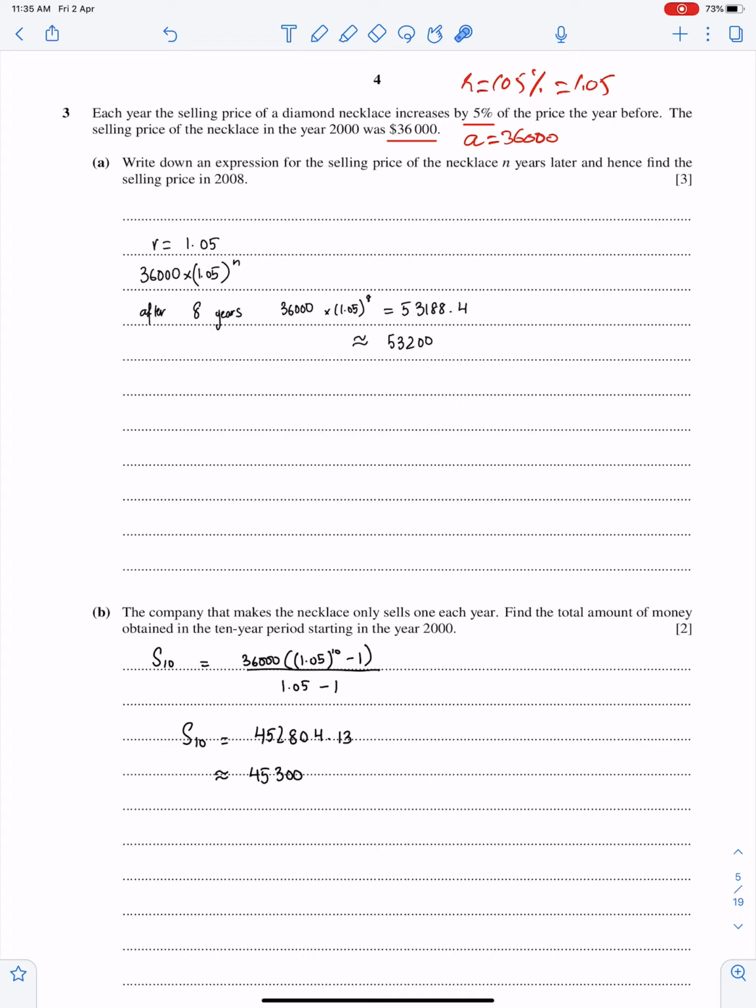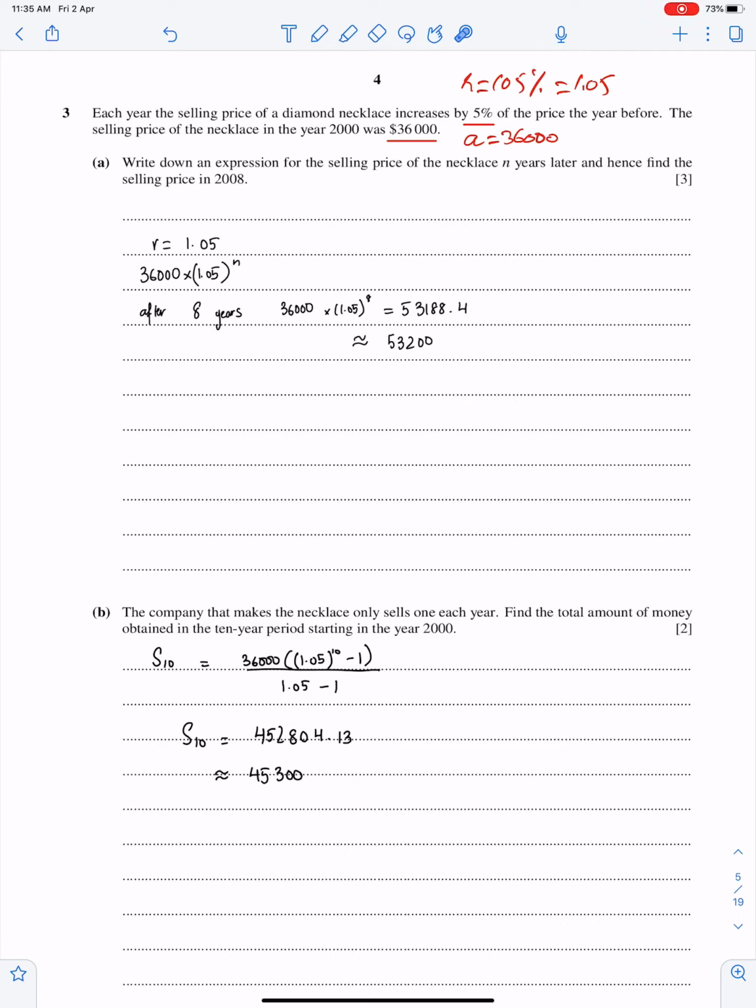Part 2. S10. The company that makes the necklace only sells one each year. Find the total. That means Sn, 10 years. So S10. They are asking to find S10.